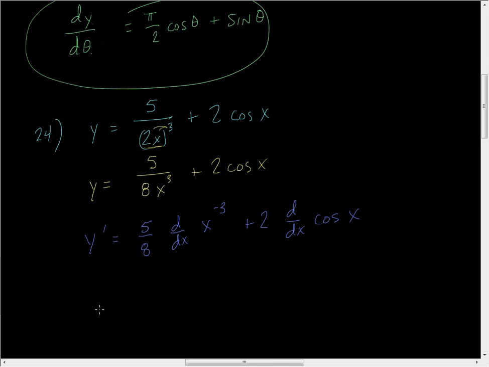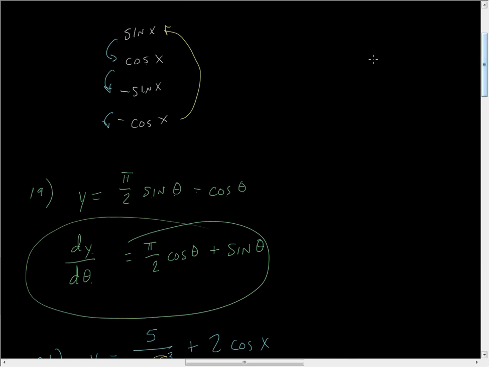In that case, y prime is equal to 5/8 times the derivative of x to the negative third, which is negative 3x to the negative 4. We're bringing this down, and then we're taking one off. Plus 2, the derivative of cosine is negative sine of x. Recall that from up here. The derivative of cosine is negative sine.